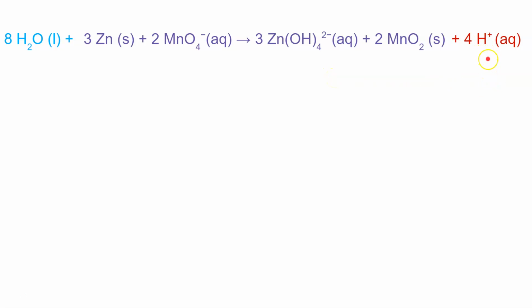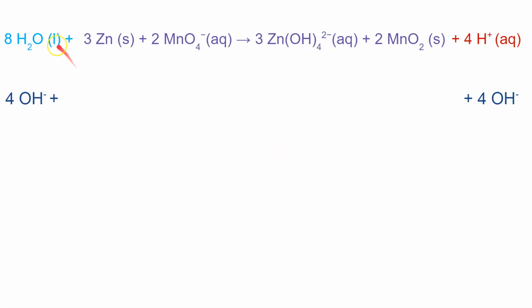So when we're doing that, however many you add on this side, you want to add on the reactant side. And you want to add them for every hydrogen ion. So if we have 4 hydrogen ions, we'll be adding 4 OH minus. And then whatever we do to that side, we're going to do to the reactant side. So we'll be adding 4 over here as well. So this is getting canceled out here.